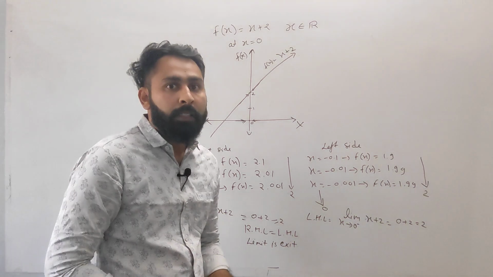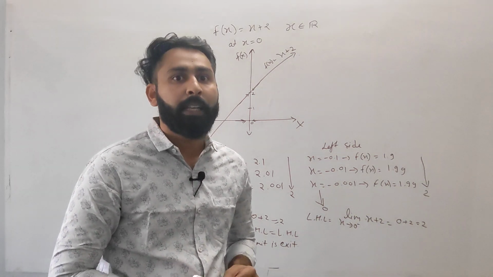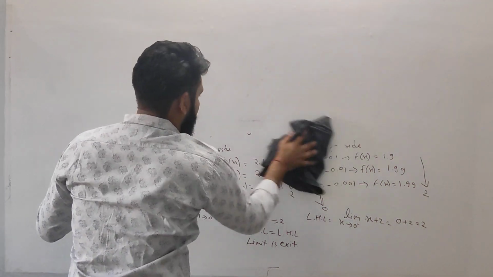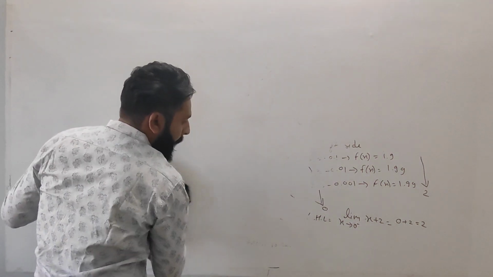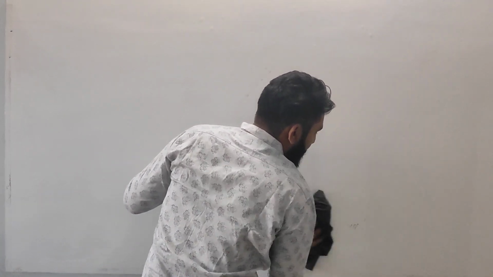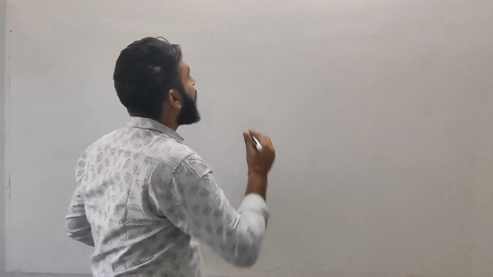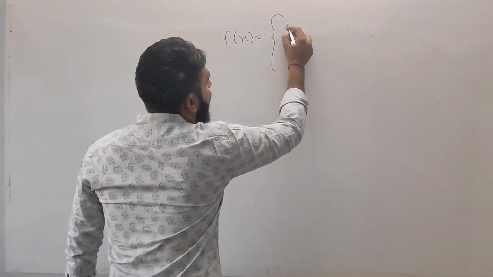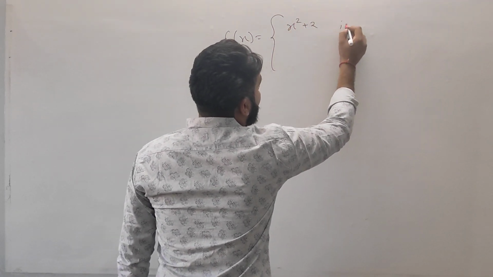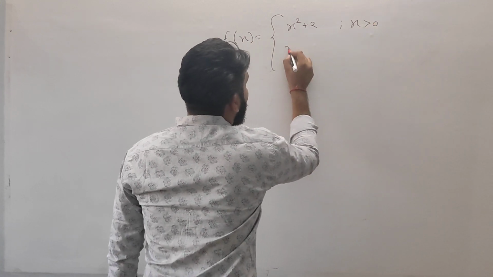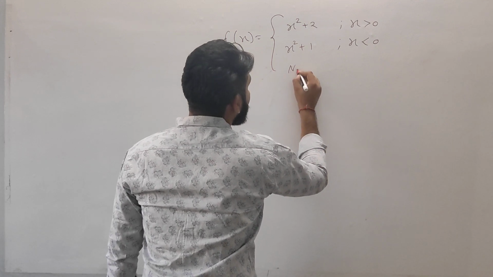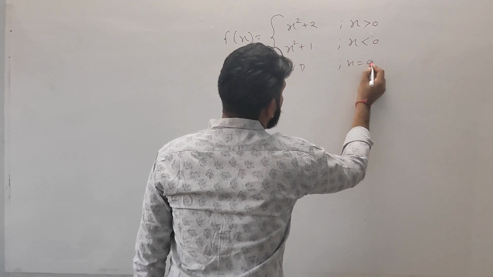Okay. So now we see another example where the limit does not exist. The example is, we make f of x is equal to x square plus 2 when x is greater than 0, x square plus 1 when x is less than 0, and not defined when x is equal to 0.